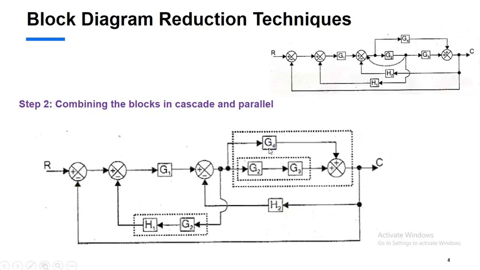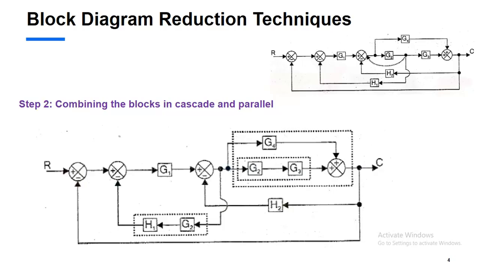Let's see. You can see here it is H1 into G2. So when I move this branch point to the left side, I can achieve two blocks in cascade, and these two blocks are in parallel.